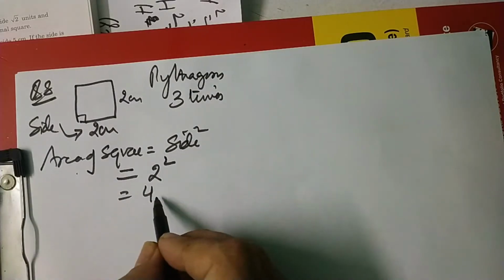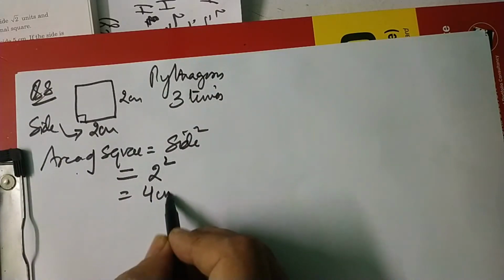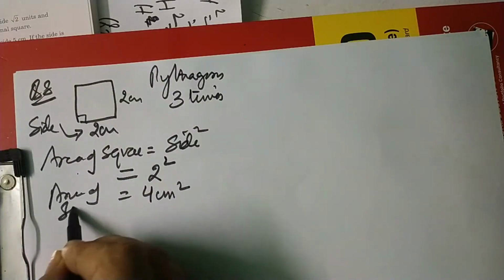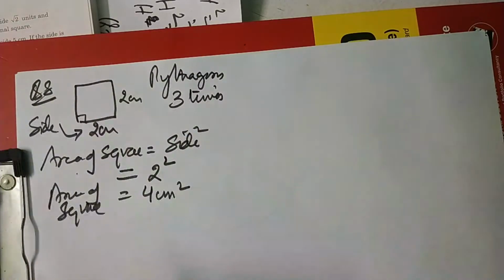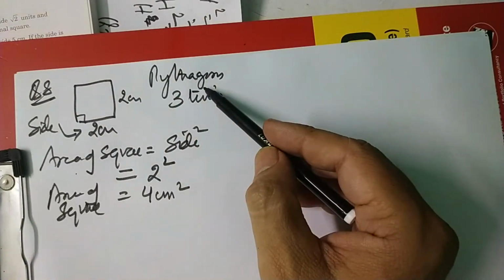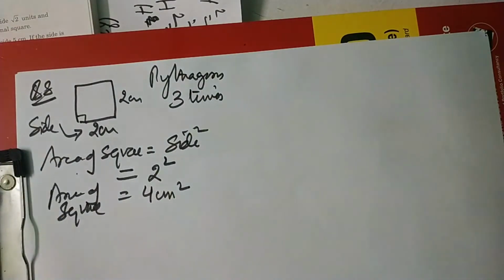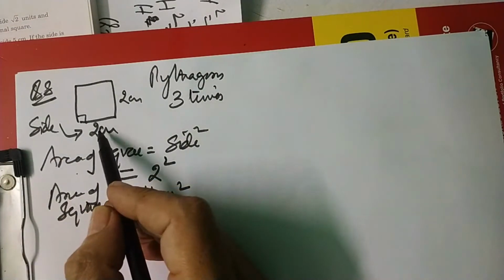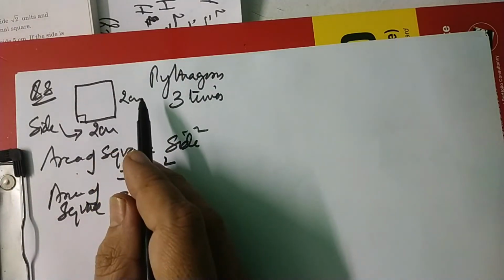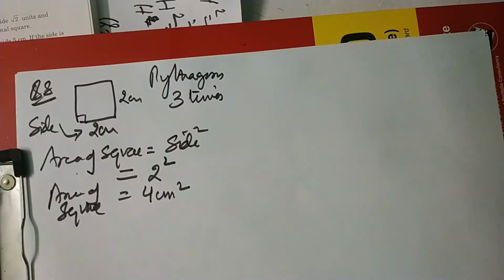It is 4 centimeter square. So area of square is 4. Got it?